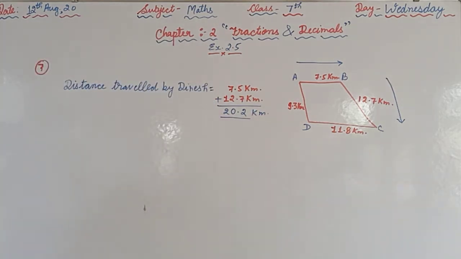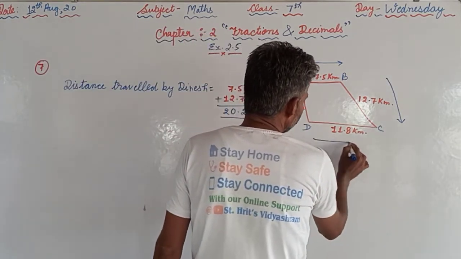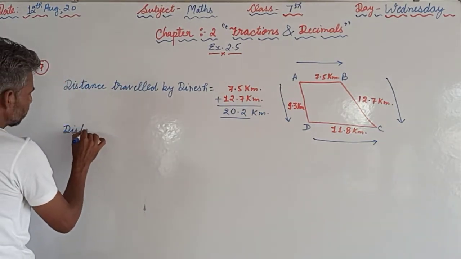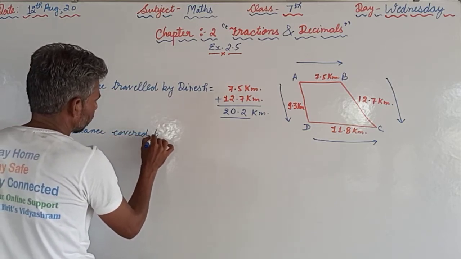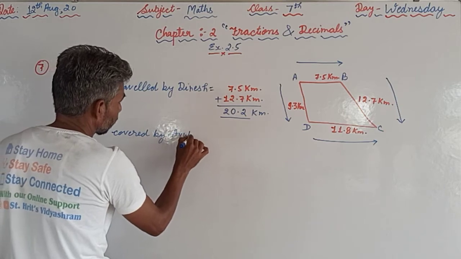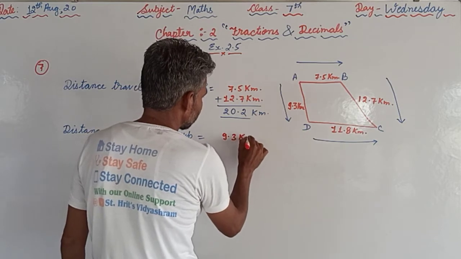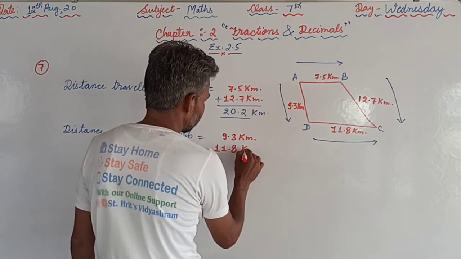At the same time, Ayub went from place A to D and then D to C. So the distance covered by Ayub will be from A to D, that is 9.3 kilometers, and then D to C, that is 11.8 kilometers.